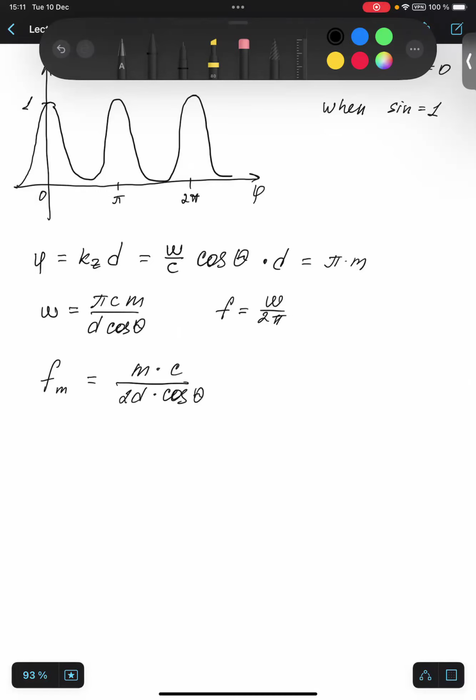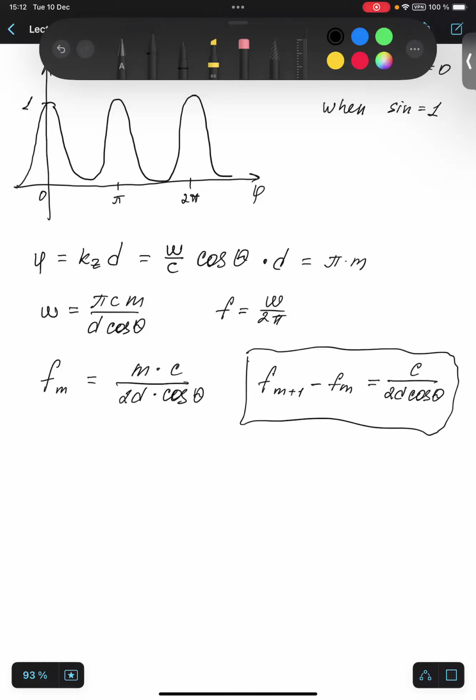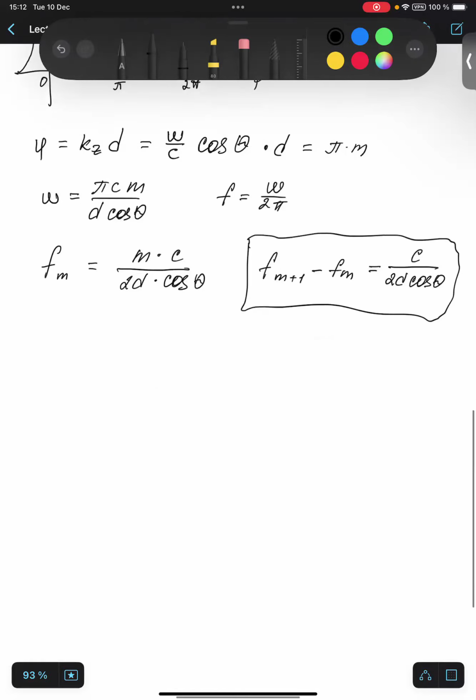And how to find the distance between two peaks? Well, we just need to write such an expression. Obviously, it equals c over 2d cosine theta. This is the expression for the distance between two peaks.